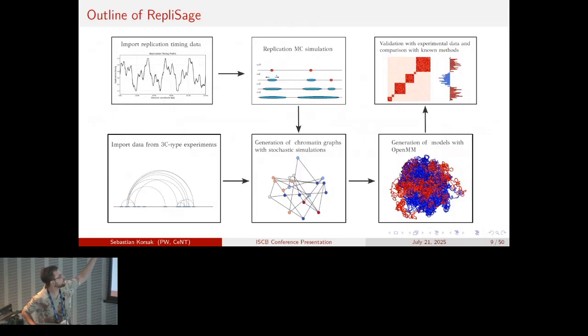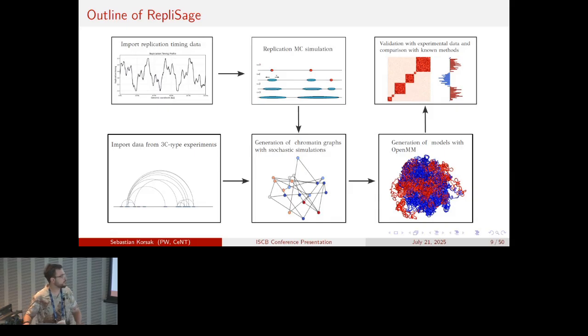We import replication timing data or 3C type experiments. These are the two types of data that we need. From replication timing data, first we run a 1D replication simulation, and then we have another model, not exactly an Ising model, but the idea is that I have a network and a Potts model for the node states, and for link states I have written my own Hamiltonian.